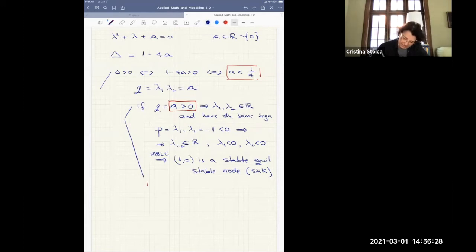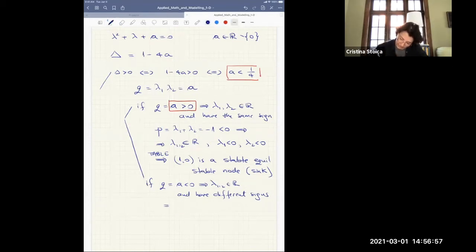Now, the other case is if Q, which is A, is negative, then lambda 1, 2 are real and have different signs. In this case, P, which was the sum of the two, is -1, but we are not interested in that. It's irrelevant in this case.